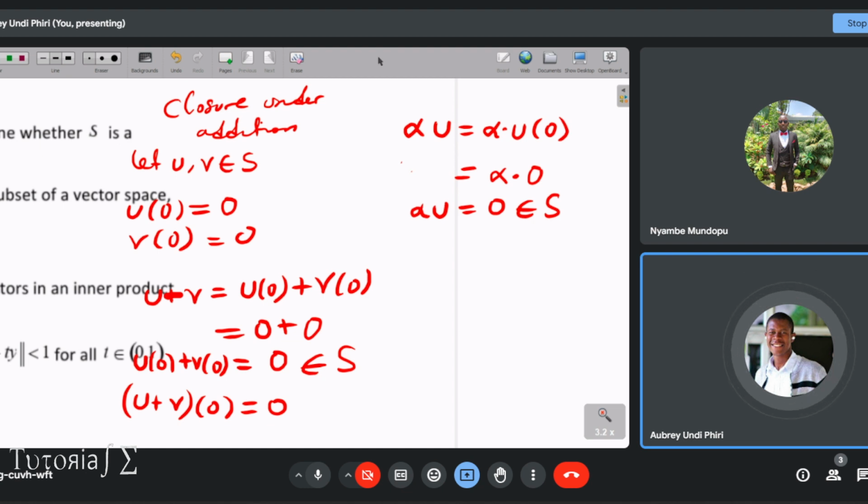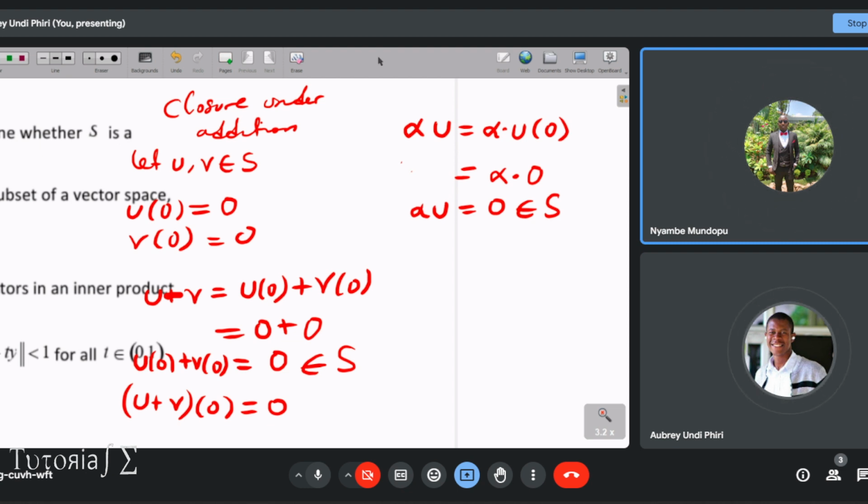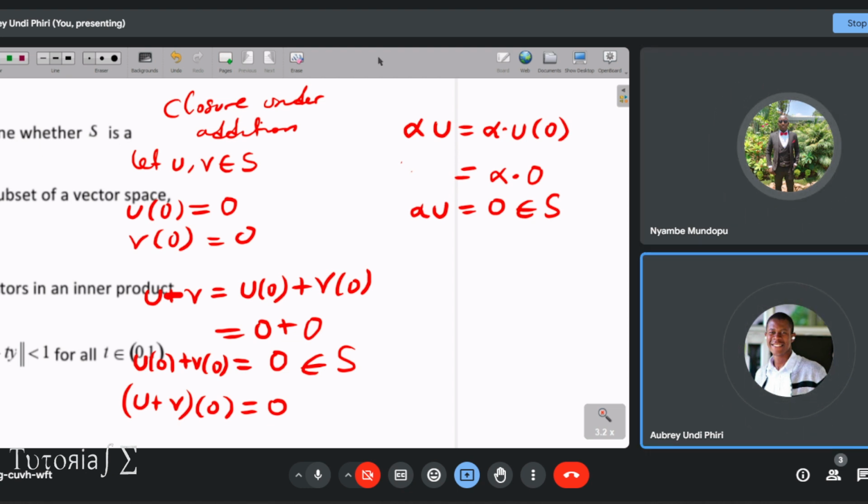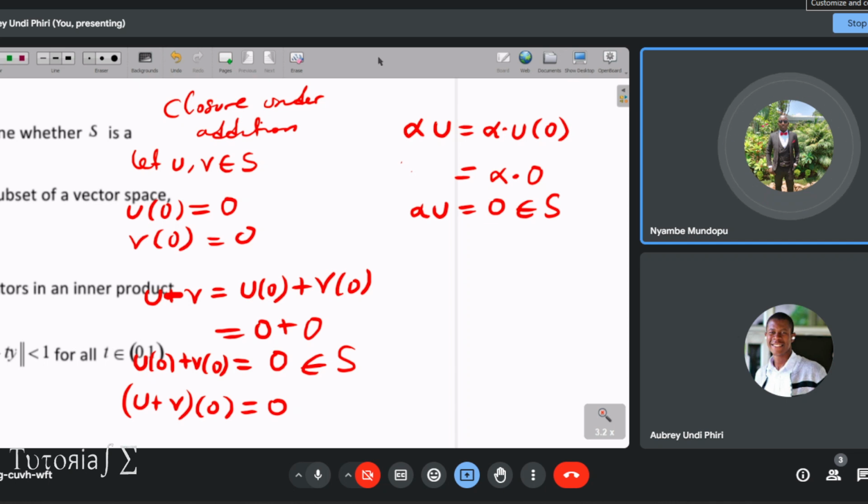If the closures have been verified, we conclude that it is a subspace. If the closures fail to be verified, we conclude that it is not a subspace. So in this case, what will be our conclusion? We say therefore S is a subspace.